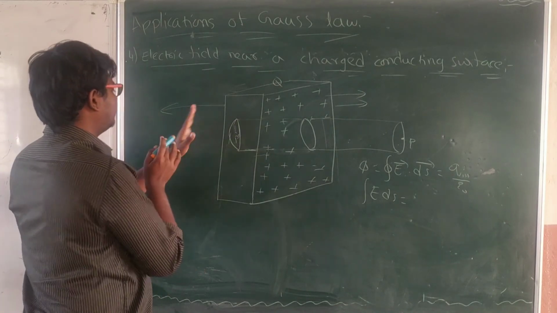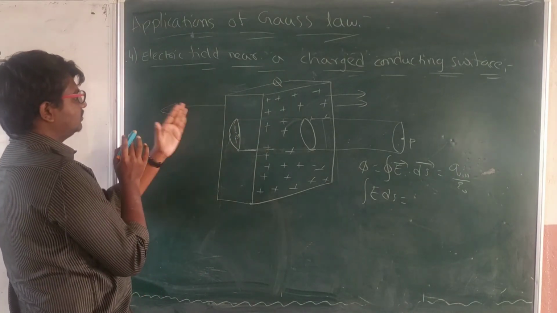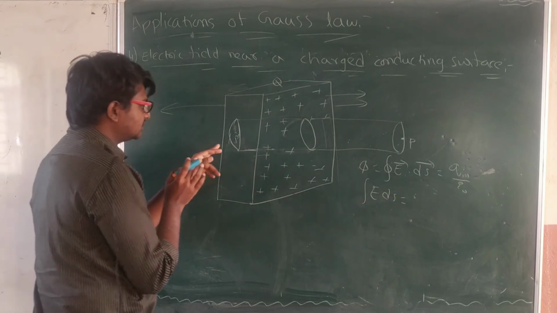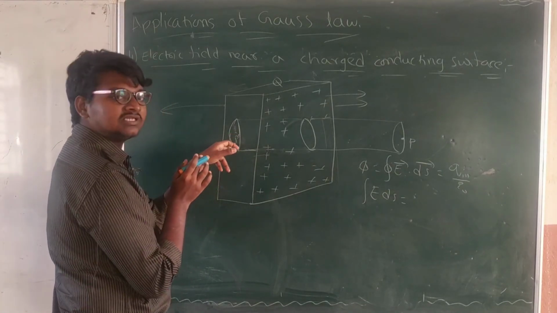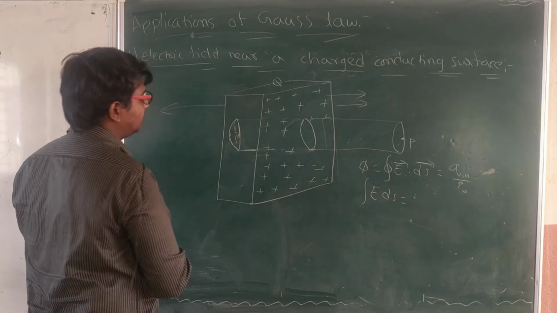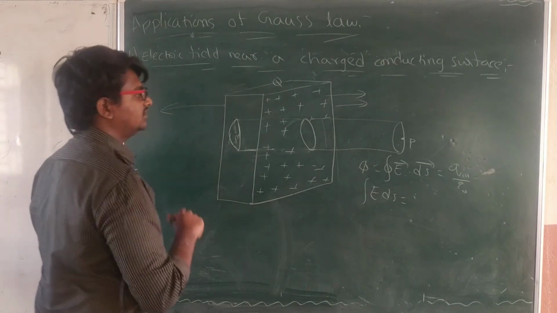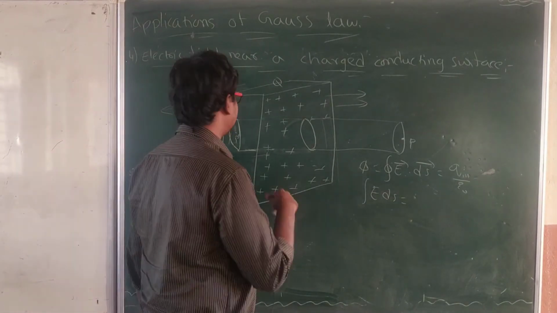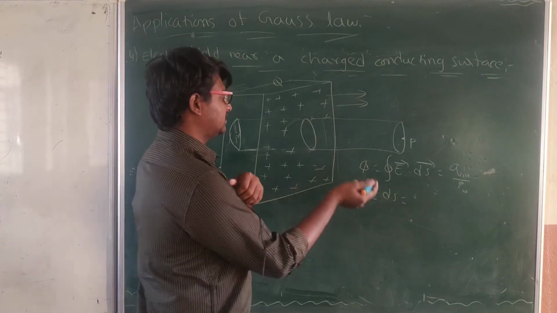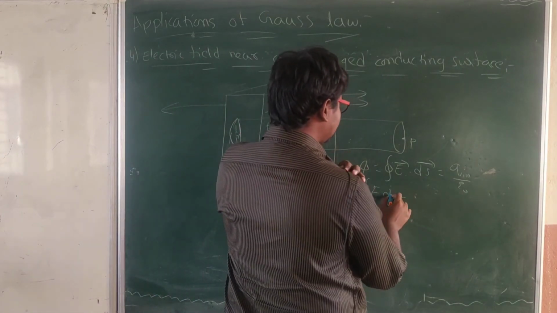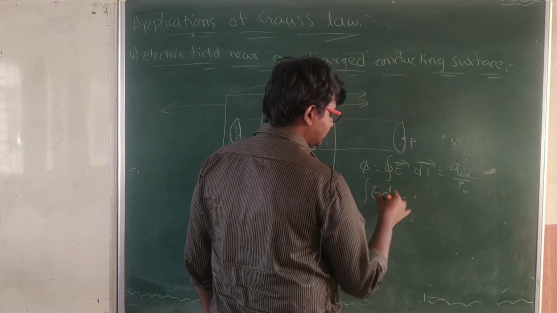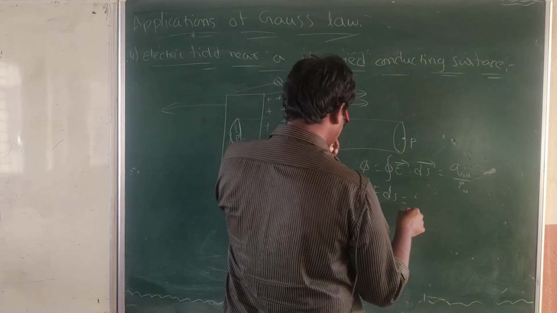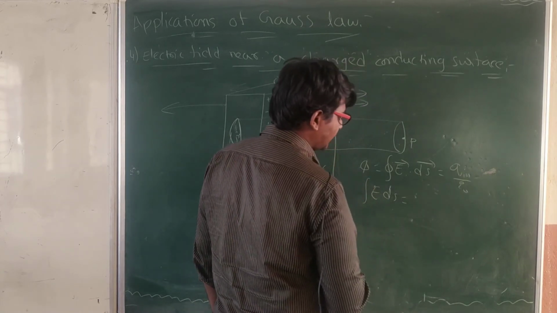Whatever electric field is going this side is of no use for us, because our point P is here, which is inside. That's why no need to consider that one. Simply only this side we need to consider. Integral E ds is equal to q inside by epsilon naught.